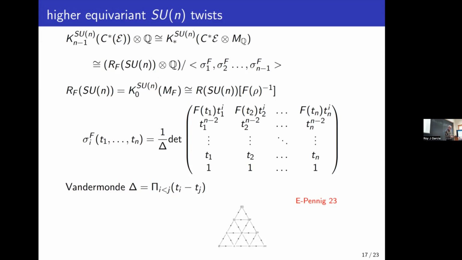That means you're dividing by integers, and that messes up the integral computation. So the proof is over the rationals, but we believe that as for SU2, it's correct over the integers. Okay, so that's one part of this.